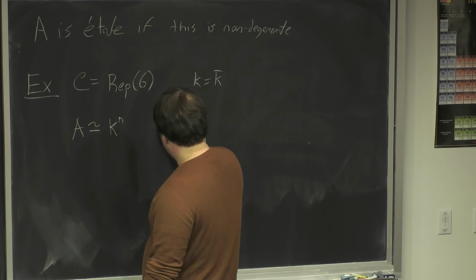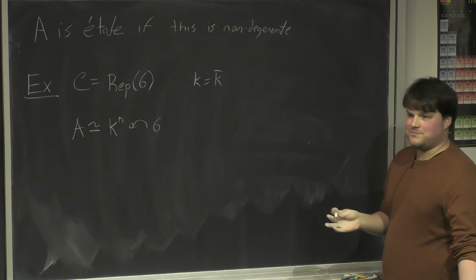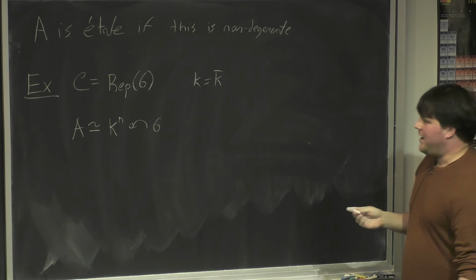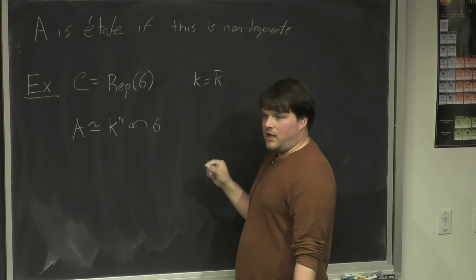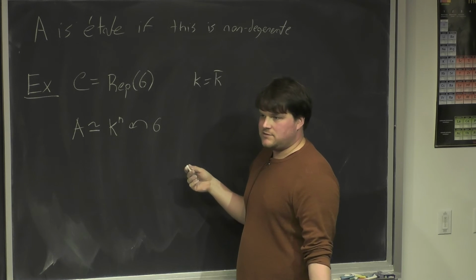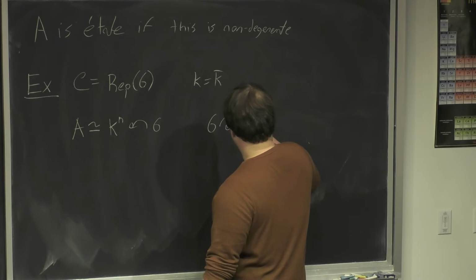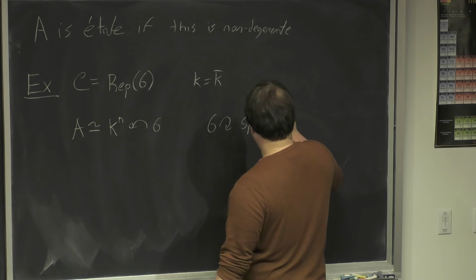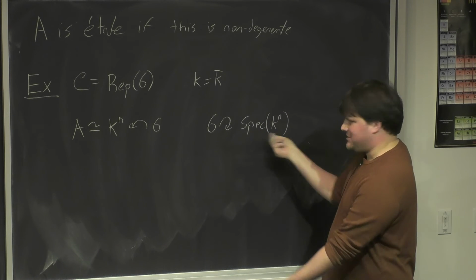And so G is acting, but it's acting via algebra homomorphisms now. So if G is acting on k to the n via algebra homomorphisms, it acts on the maximal ideals. So G is acting on spec of k to the n, but this is just n points.